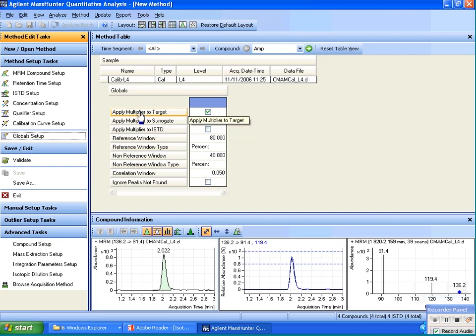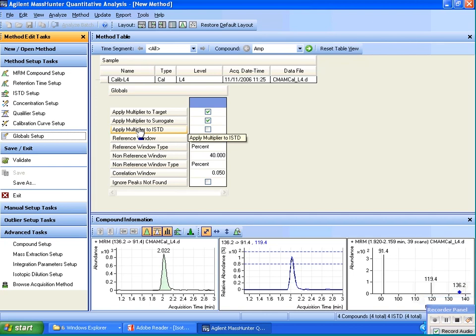So in the sample row, you have a column called dilution. If you dilute your samples, that multiplier would be applied appropriately to the final concentration. So the quantitation engine calculates the calculated concentration, and the multiplier affects the final concentration. That's the typical usage of the multiplier.